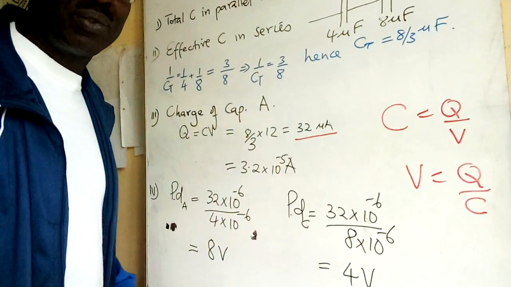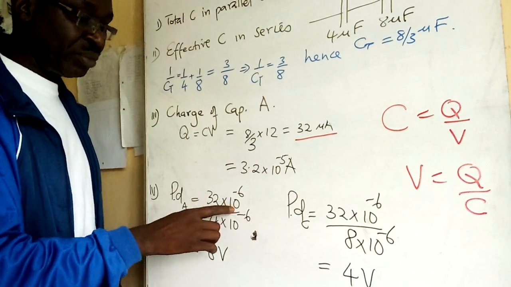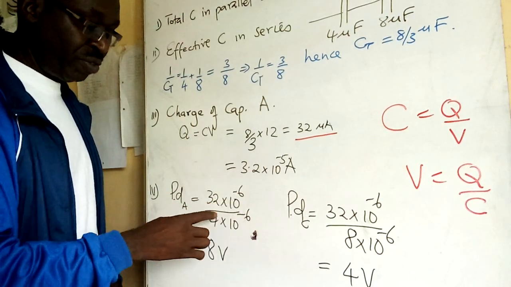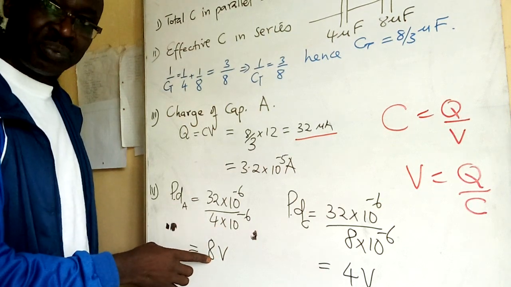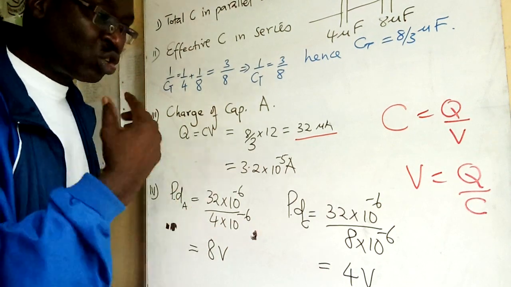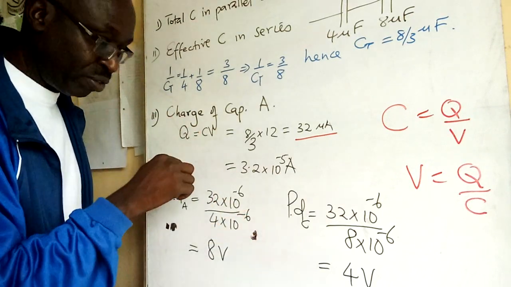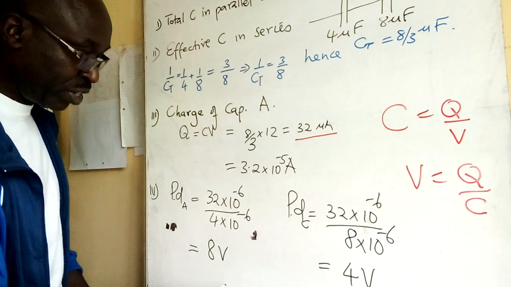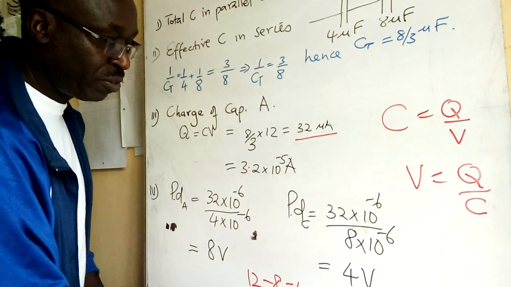Charge is 32 times 10 to the power -6, divided by the capacitance, and you get 8. So automatically the PD across D is 12, of the source, minus 8, you should get 4.